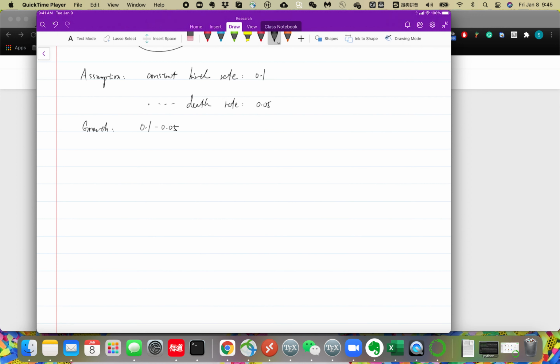Note, this is actually a percentage. So it's not like a fixed number of persons per time. It's more like a fixed percentage of persons per time. How many really depends on the current population. All right.